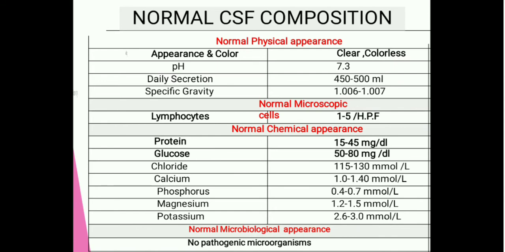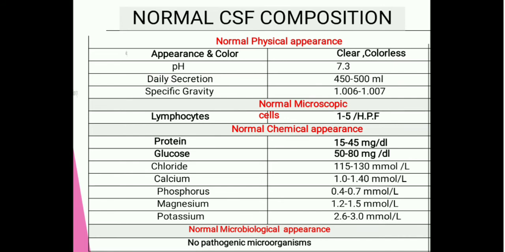Normal CSF composition. Appearance and color: clear and colorless. pH 7.3. Daily secretion 450 to 500 ml. Specific gravity 1.006 to 1.007. Normal microscopic cells: lymphocytes 1 to 5 per HPF.